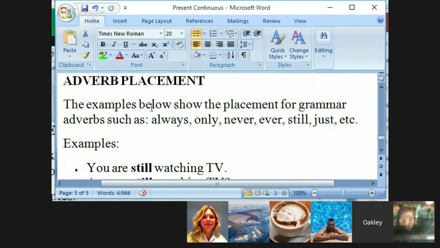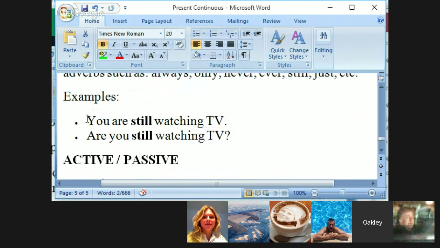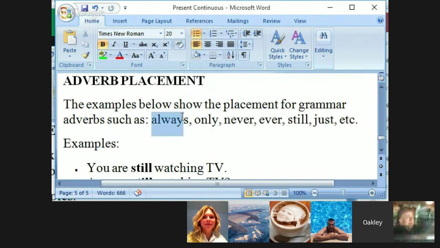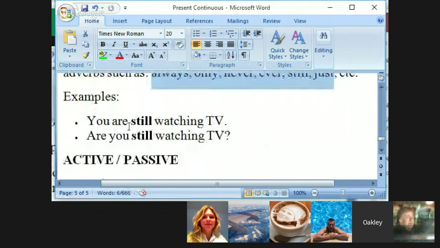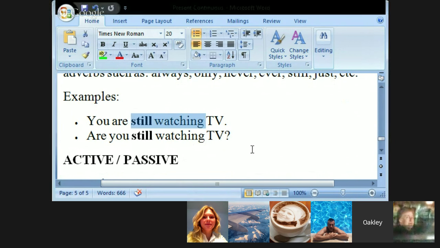Yeah. Okay. Quick word about adverb placement. You are still watching TV. Here's where it belongs when you use adverbs of frequency, adverbs which are modifying the verb, are always safe here in front of the main verb, regardless of the verb tense.